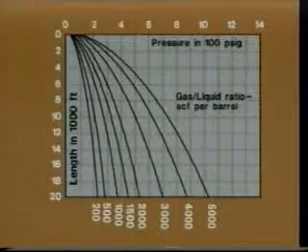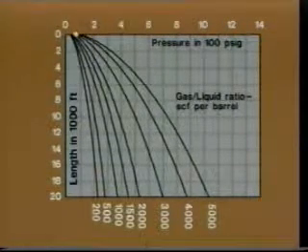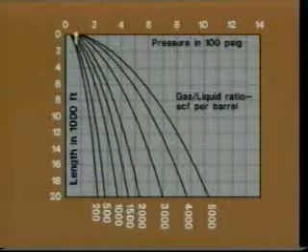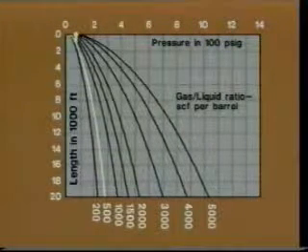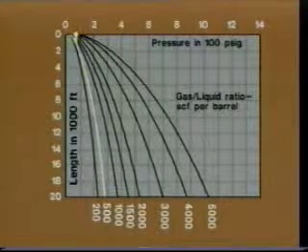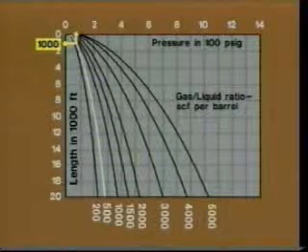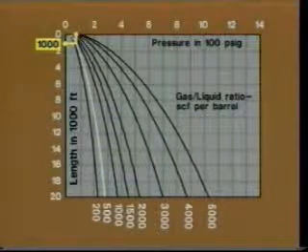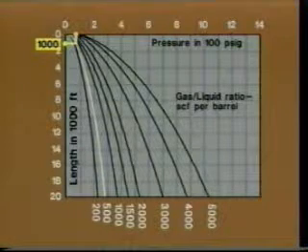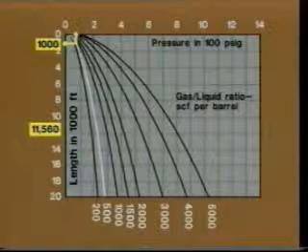Evaluating a 3-inch ID flow line first, enter the horizontal axis at 75 psi. Proceed downward until the curve for a GLR of 500 SCF per barrel is intersected. At this point, move over horizontally and read a length corresponding to 1,000 feet. We add this 1,000 feet to the flow line length of 10,560 feet to get 11,560 feet.